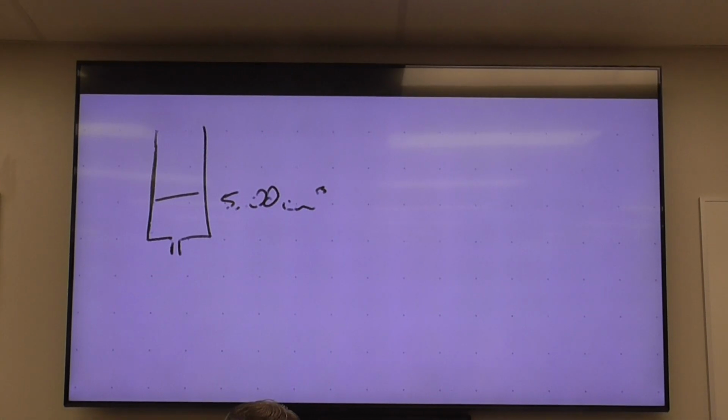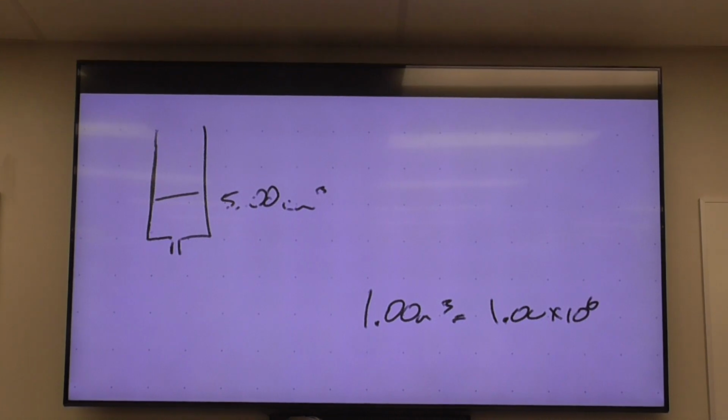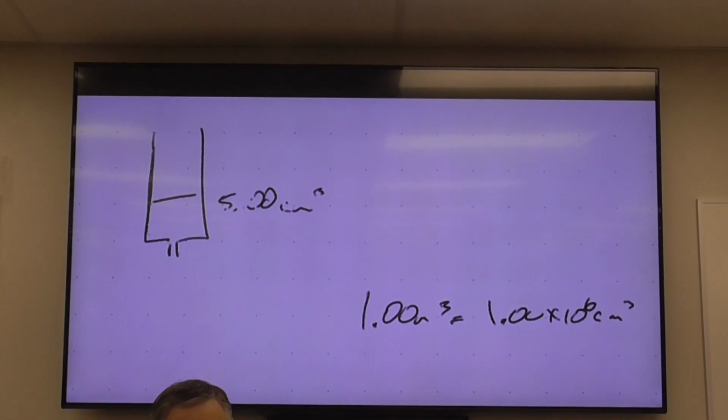So you've got this conversion that 1 cubic meter is equal to 1.00 times 10 to the 6th cubic centimeters. That works because 1 meter by 1 meter by 1 meter is 100 centimeters by 100 centimeters by 100 centimeters.